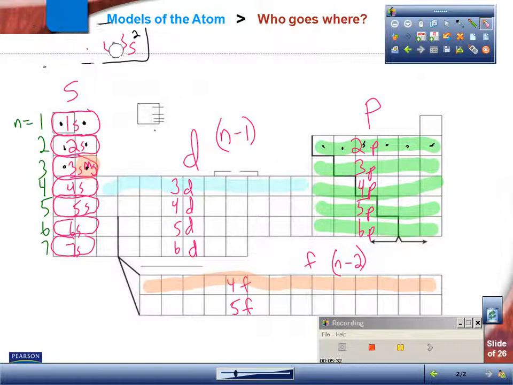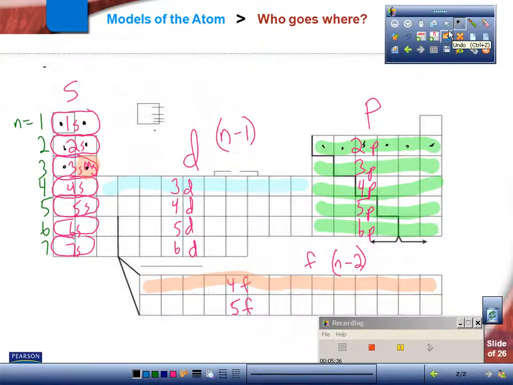Alright, another one. Let's do gallium. We'll go gallium right here. Alright, so gallium is in the 4p, so that means everything before 4p is filled up. So I go in order, I start here, going left to right.